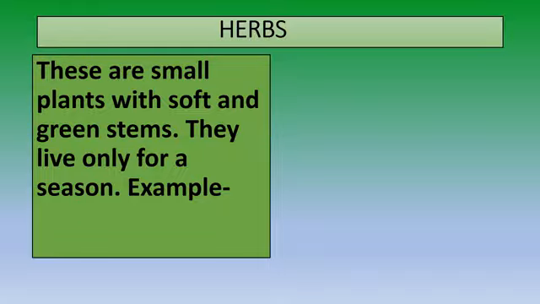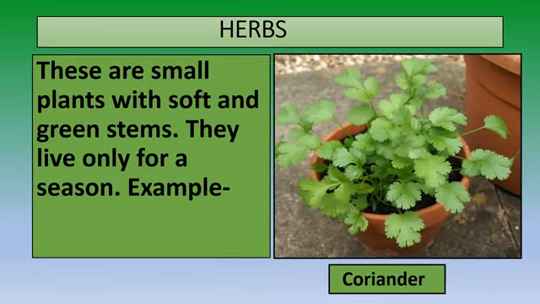They live only for a season, which means that they are seasonal plants. For example, coriander. If you look at this picture carefully, you will see that the coriander plant is small with soft and green stems.